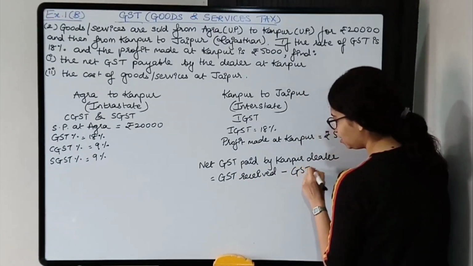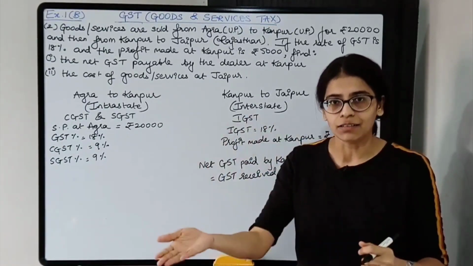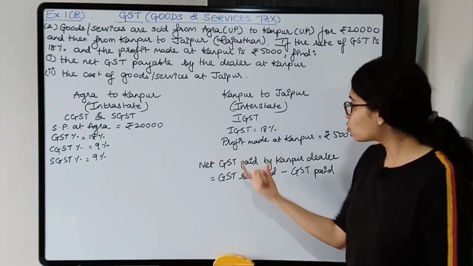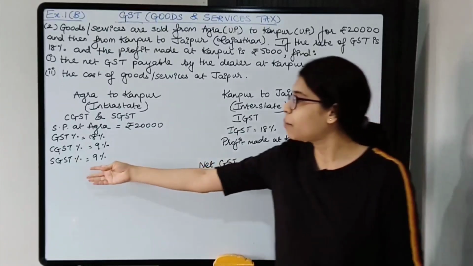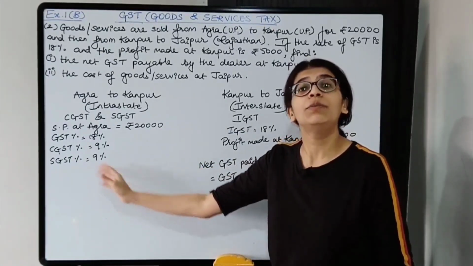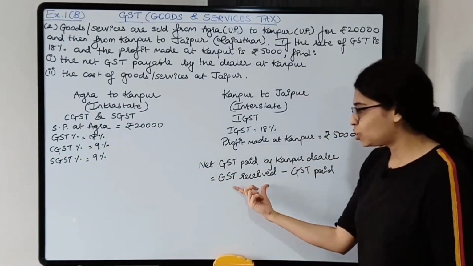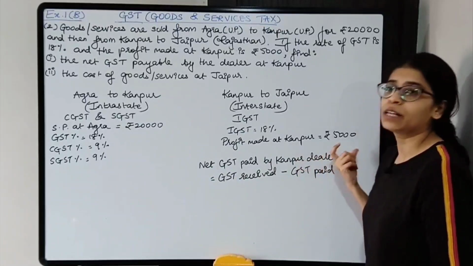I hope you are getting it. When you are selling, you are charging GST, so GST will be received. So in this case Kanpur will receive the GST, and here the Kanpur dealer will be paying the GST. Okay, so it is GST received minus GST paid. They have asked the net GST paid by the Kanpur dealer.